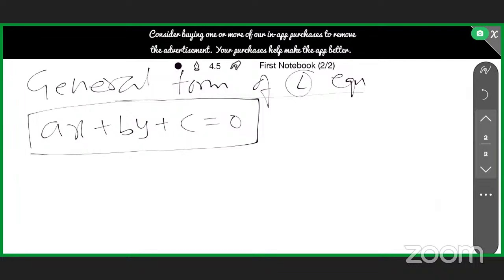If you analyze this equation carefully, it is a first degree equation in terms of x and y. The speciality of this equation is that a, b, and c belong to the real numbers.